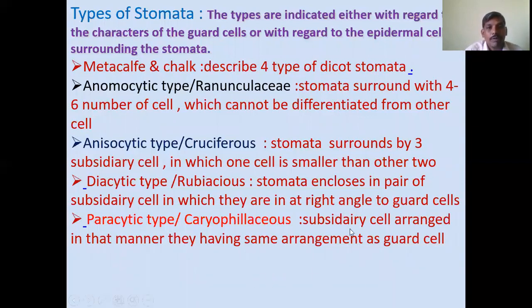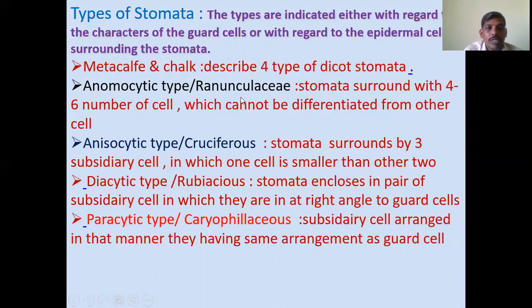The four main types of stomata are anomocytic, anisocytic, diacytic, and paracytic. These are the four types of stomata found in dicots, based on the number and size of the epidermal cells surrounding the guard cells.